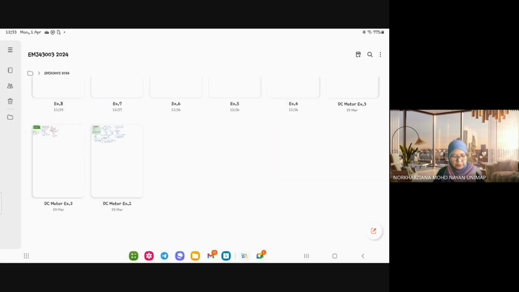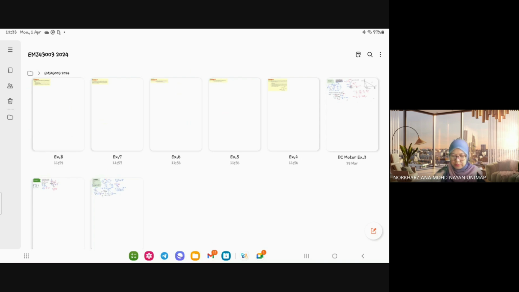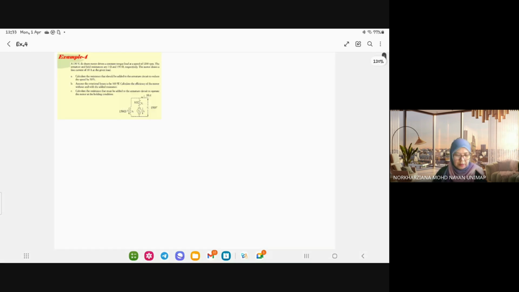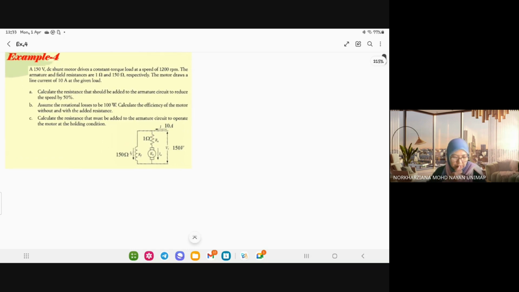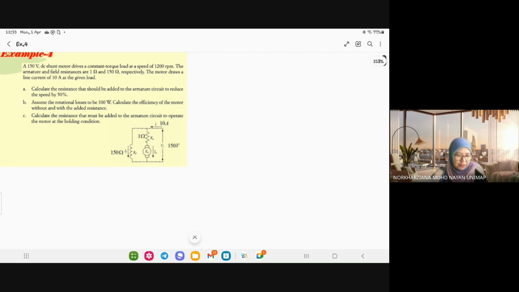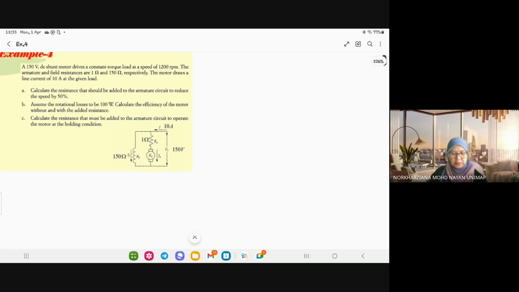Now, for example 4, let's go to example 4 first. Now we change the motor. Previously we used separately excited. Now you are given a 150 volt DC shunt motor, driving a constant load at a speed of 1200 RPM. The armature and field resistance is 1 and 150.